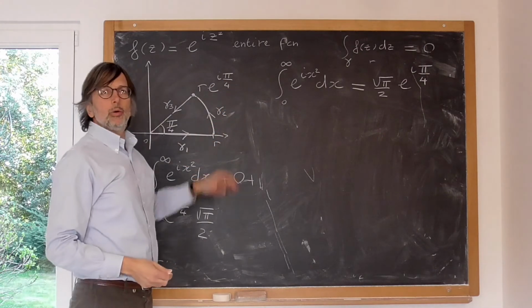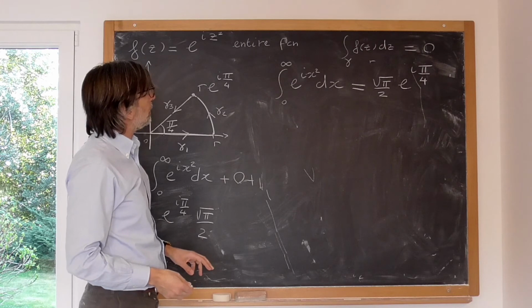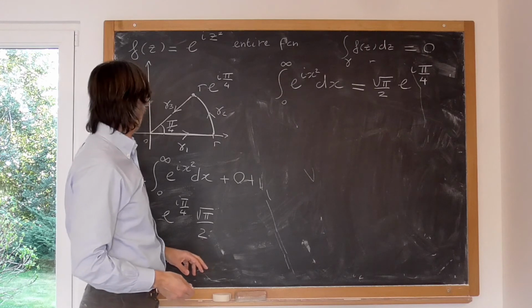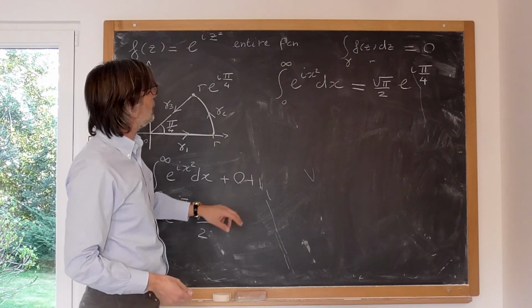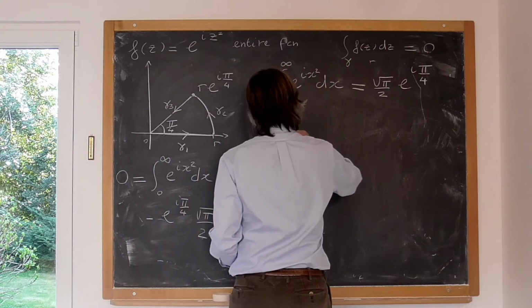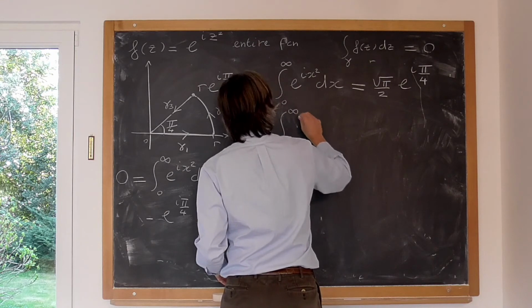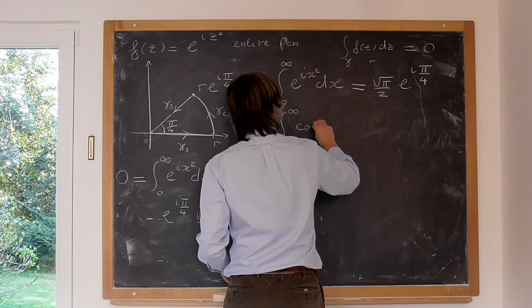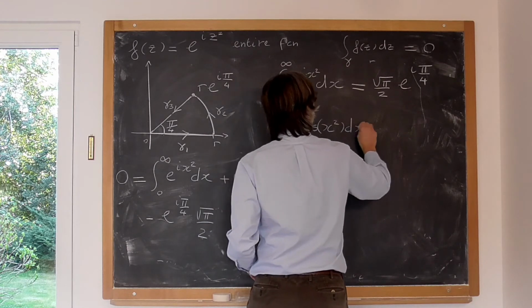So this is the value of the Fresnel integral e to the i x squared on this half line, and by taking the real part we obtain the integral between 0 and infinity of cosine x squared dx.